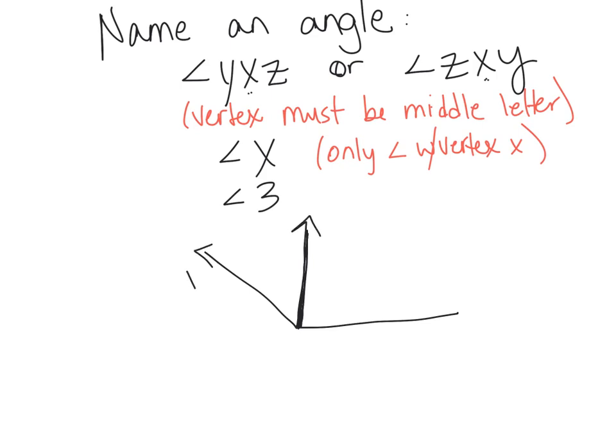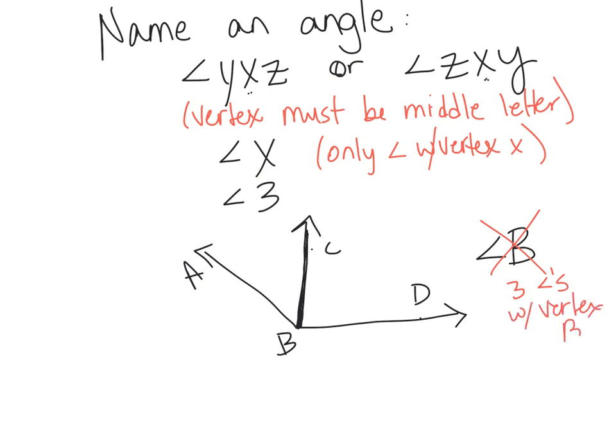So let's see, this is A, B, C, and D. So see, I cannot name any of these angles angle B, because there are actually three angles with vertex B. So this is angle ABD, our big one, and then we have angle 1, which is angle ABC, and angle 2, which is angle CBD. So that's important.